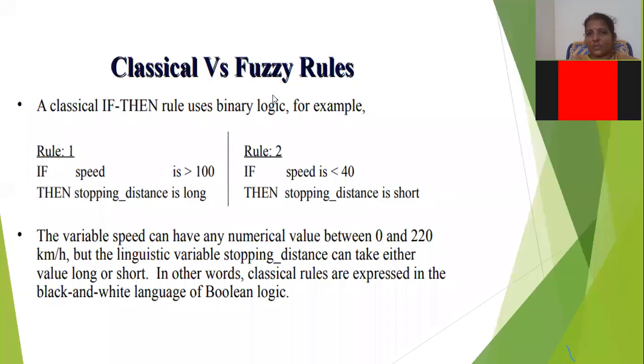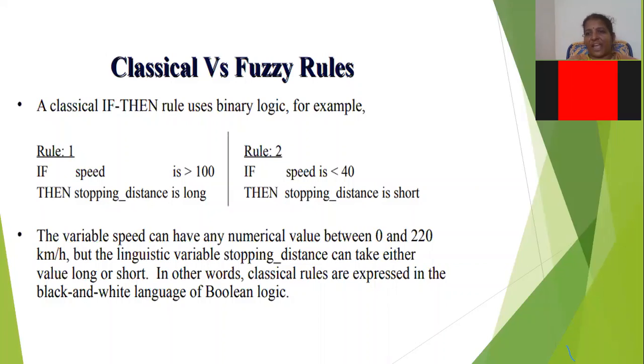In fuzzy rules, we go for different types of linguistic variables. Suppose you see rule 1: if speed is greater than 100, then stopping distance is long. Similarly, rule 2: if the speed is less than 40, then stopping distance is short.